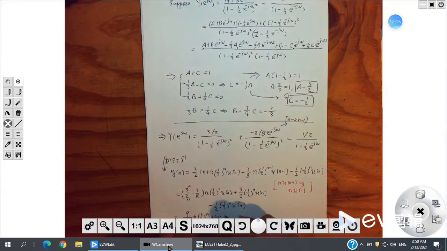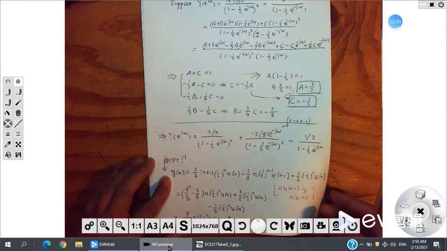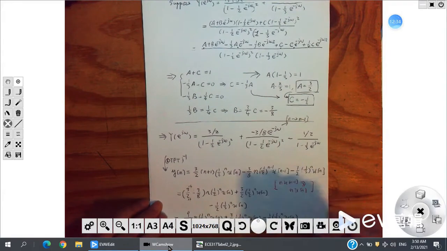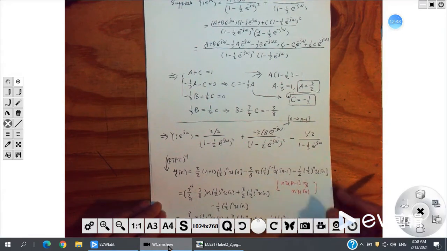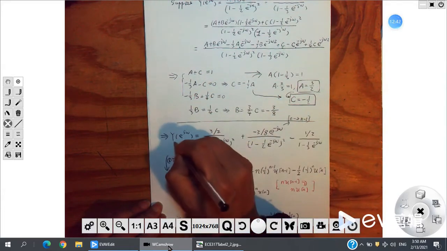The second term is 3 over 2, 1/2 to the n u of n. And the last one is minus 1/2, 1/3 to the n u of n. Alright, so this is the particular solution. Actually, we get a solution of y based on the Fourier transform. This is the particular solution, y_p here.